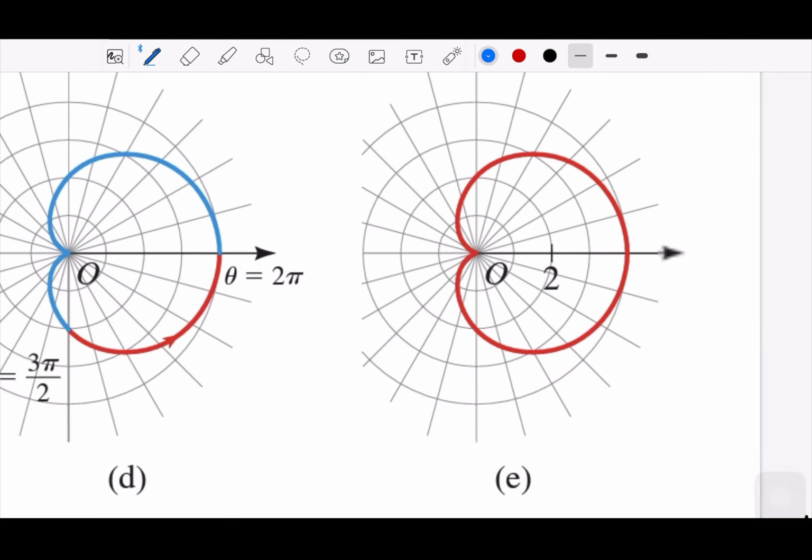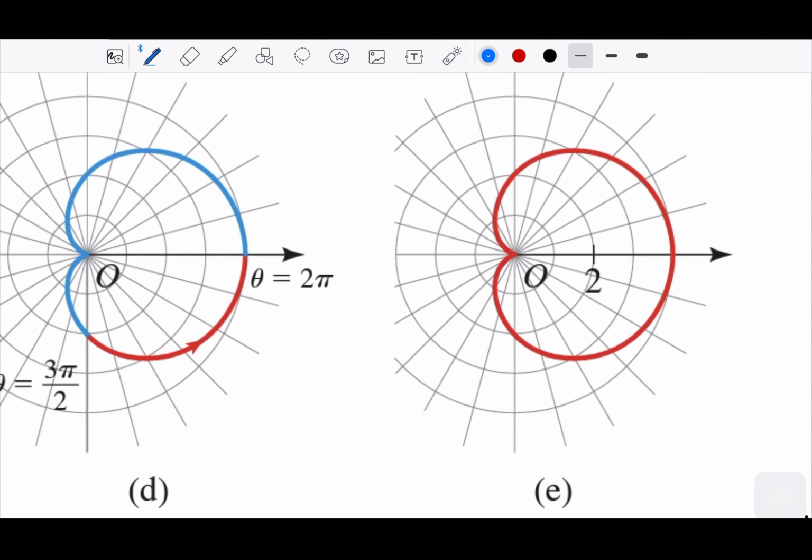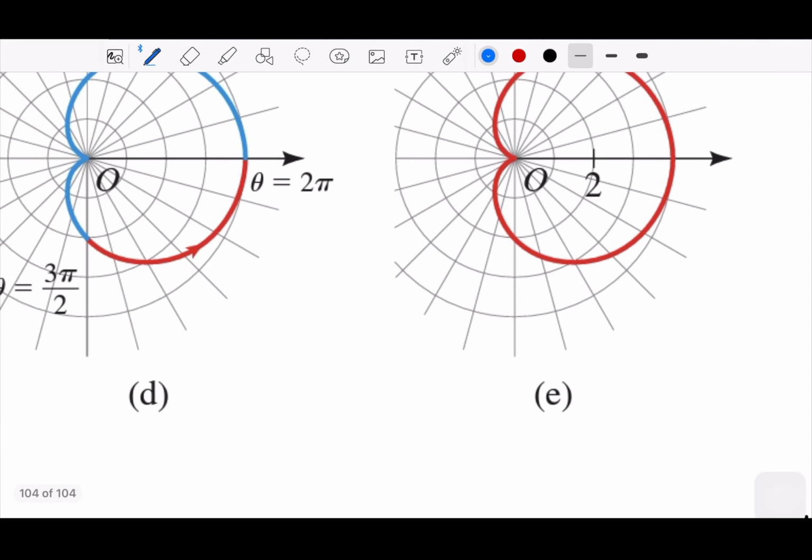Okay, and this is what we call a heart shape, right? Heart shape. So we could say this is cardio, like cardio in biology, cardioid, or its heart shape form.